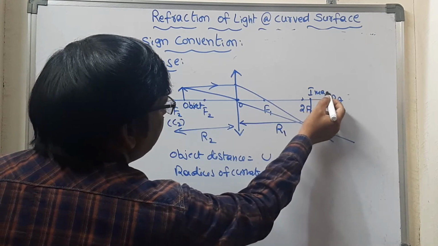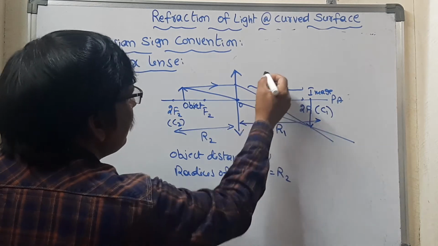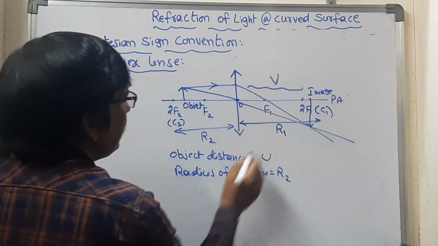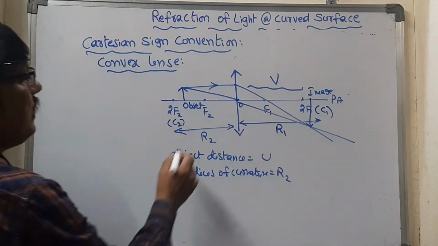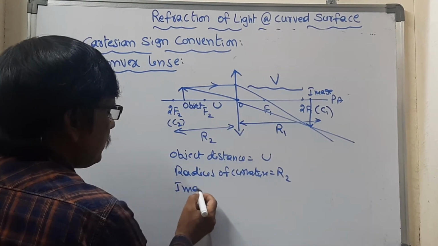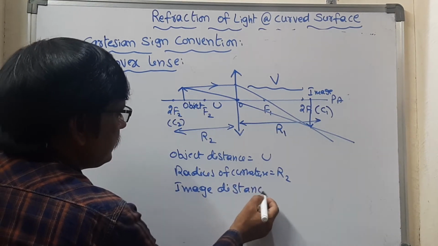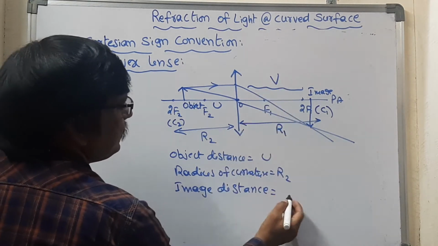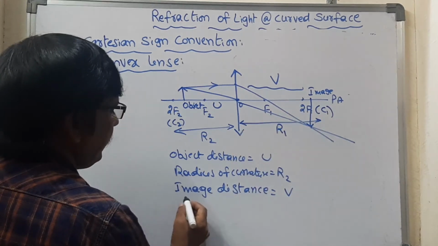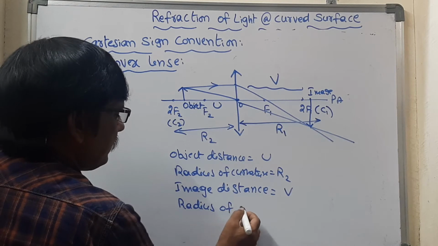What we call the image distance is represented by the letter v, and the object distance is u. That side's radius of curvature is R1.